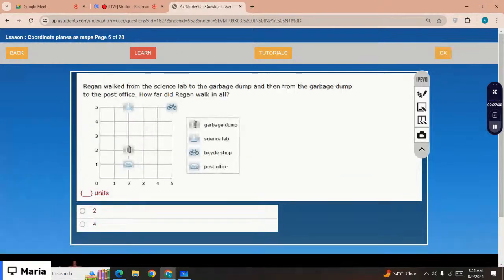Reagan walked from the science lab to the garbage dump and then from the garbage dump to the post office. How far did Reagan walk in all? So from the science lab to the garbage dump and from the garbage dump to the post office, which is the correct option?